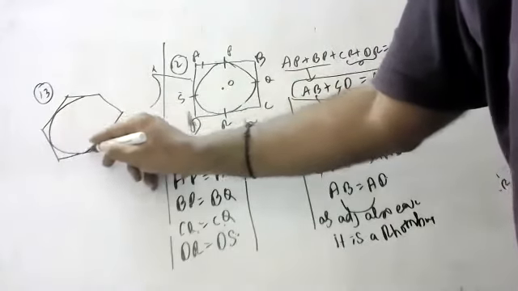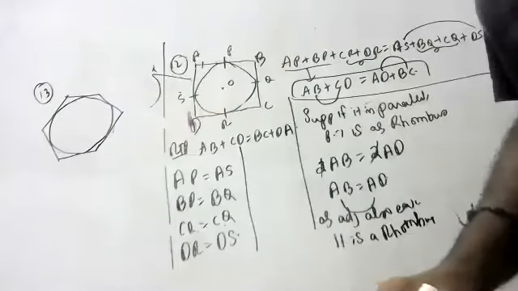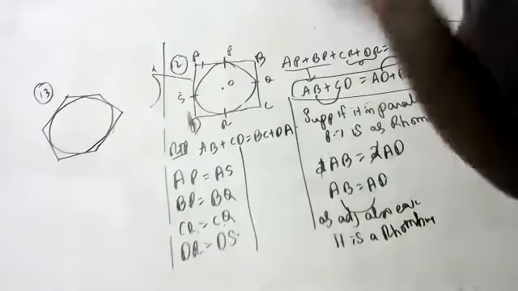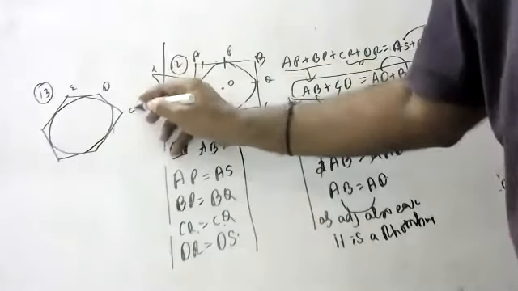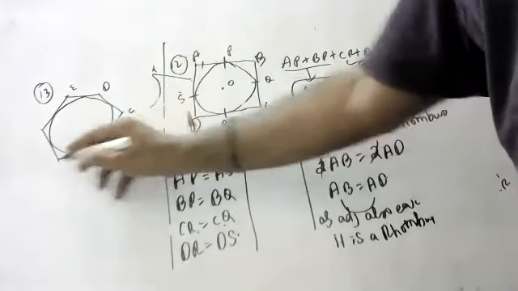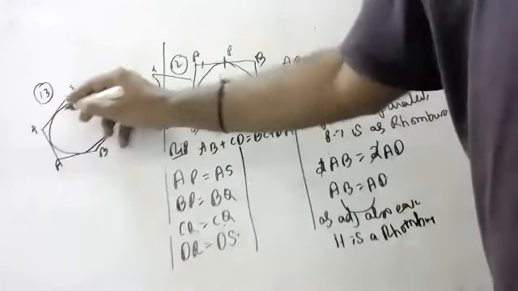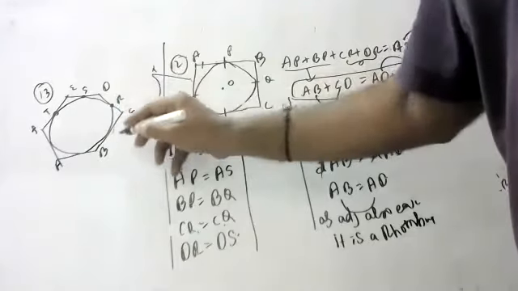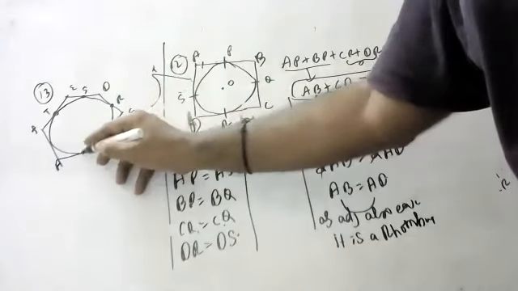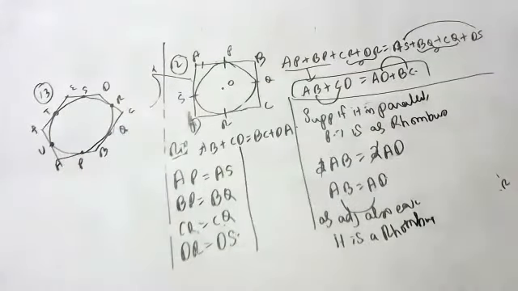The vertices are A, B, C, D, E, F, and the points of contact are P, Q, R, S, T, U.